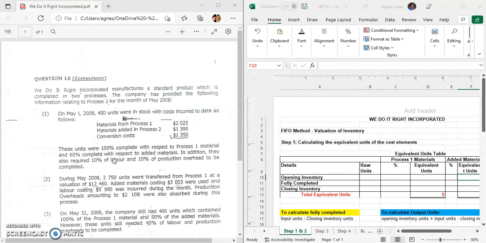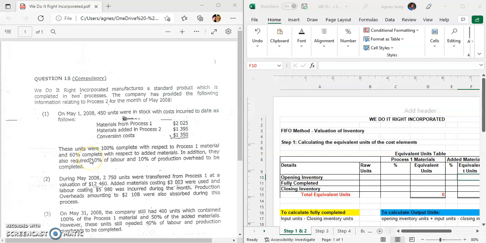What we need to look at, because remember in the first in first out method, the units that were started previously must be completed first. So since these 450 units were already 60% complete with respect to added material, what we need to find out is how much added material they still need to complete these 450 units.